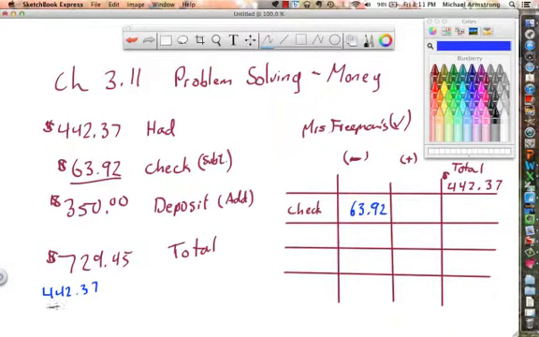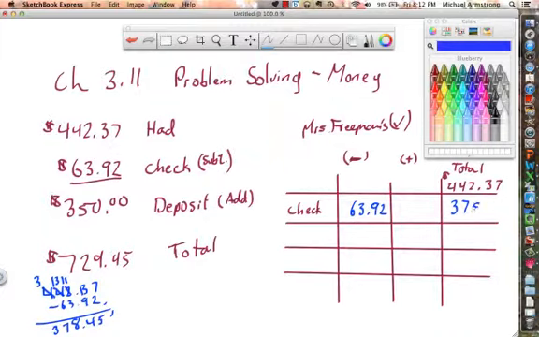Okay, so she subtracts $63.92, and she gets, gotta borrow here, gotta borrow again, and then 43 take away 6, we could borrow just to make sure it works, $378.45 if I did it right. And if I want to, I can add backwards to find out if it's right, but we're going to go ahead and try it. So this is the new total, and the book keeps wanting you to make a table.